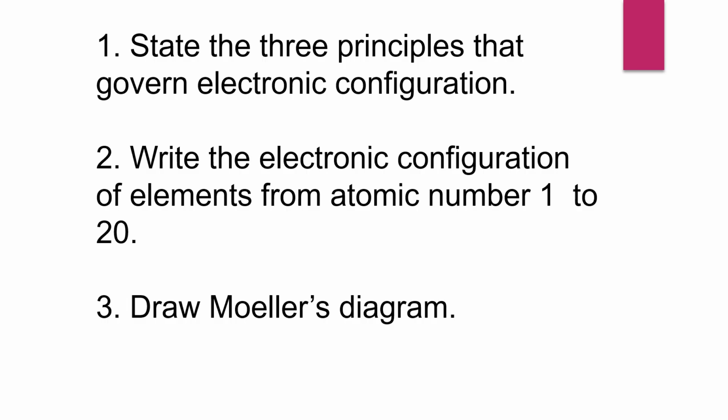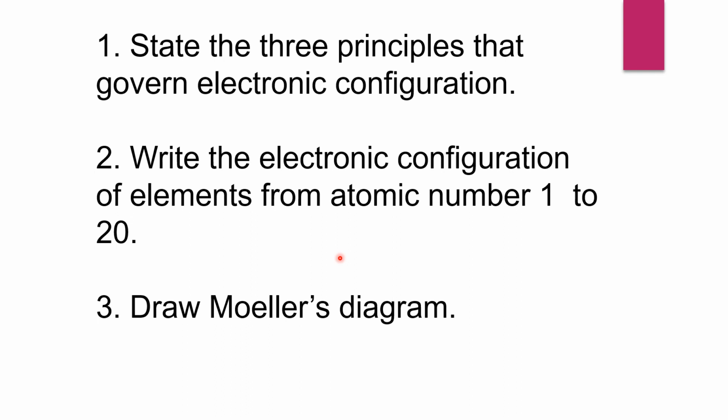State the three principles that govern the electronic configuration. Write the electronic configurations of elements from atomic number 1 to 20. Here you have learned to write the electronic configuration of elements, so try to write the electronic configurations of elements from atomic number 1 to 20. It should be in a tabular form following the pattern: serial number, atomic number, name of the element and electronic configuration.